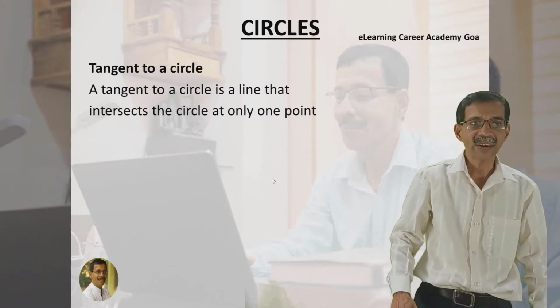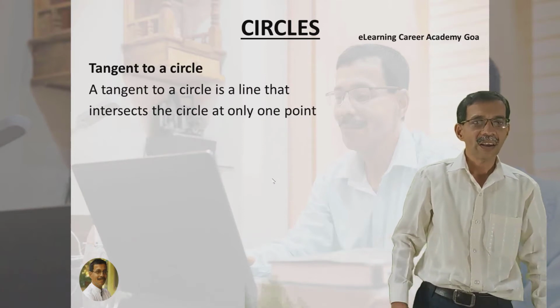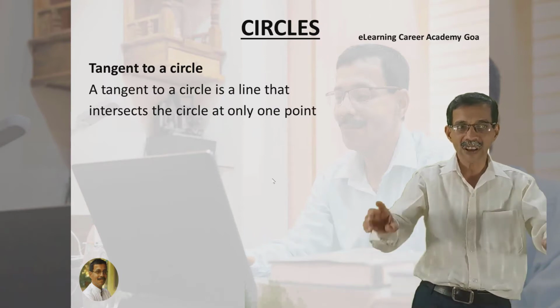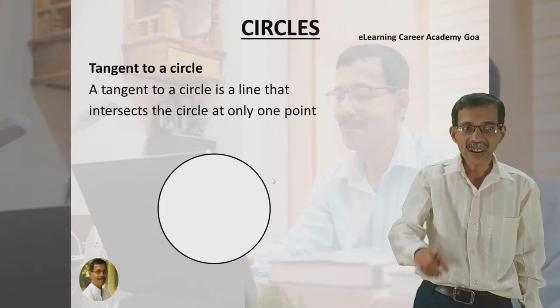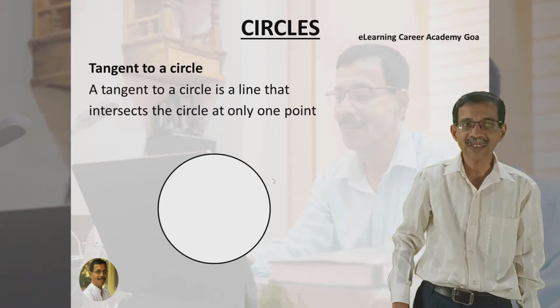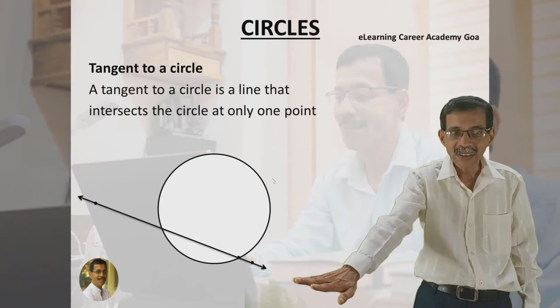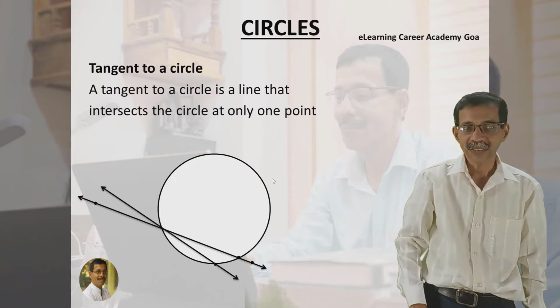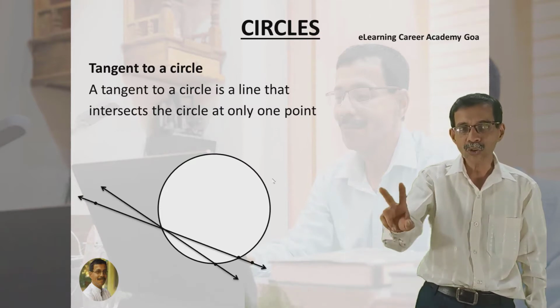Okay, what is a tangent? A tangent to a circle is a line that intersects the circle at only one point. For example, this is a circle. In this circle, you see a line is drawn. This line touches at 2 points. The next line also intersects at 2 points.